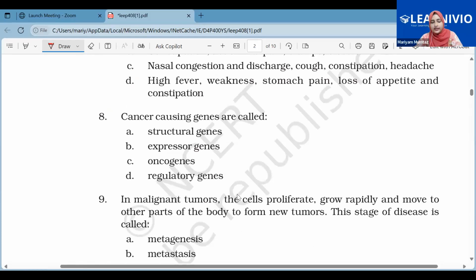Cancer-causing genes are called as. C. C, oncogenes. And if they are inactive, then what are they called? I don't know. The oncogenes.